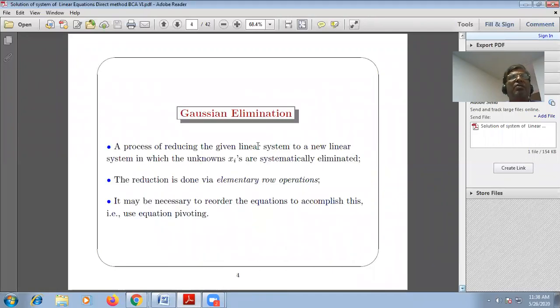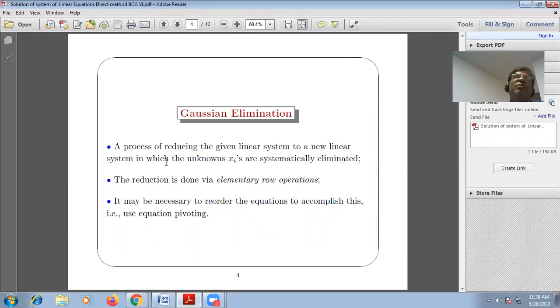Now, what is the Gaussian elimination method? Specifically you have to understand the Gauss elimination method and pivoting as well as the direct method. It is a process of reducing the given linear system to a new linear system in which unknown xi's are systematically eliminated. This means it is a method in which we eliminate the variables consecutively. Suppose you have n equations and n variables.